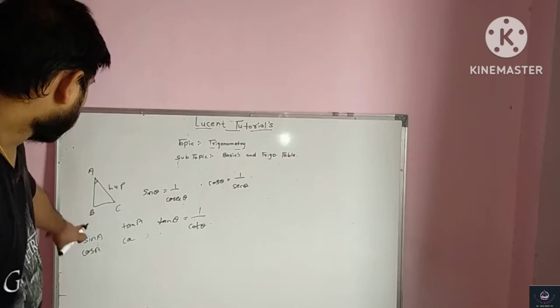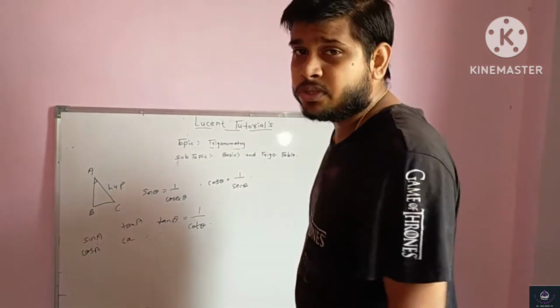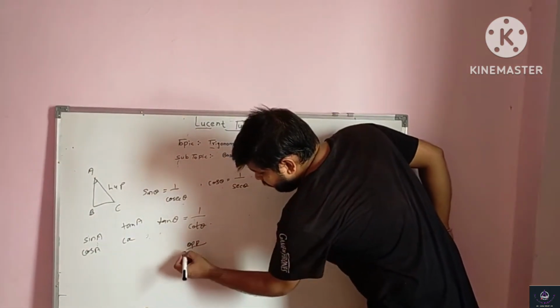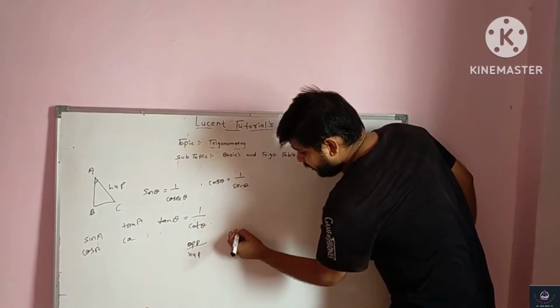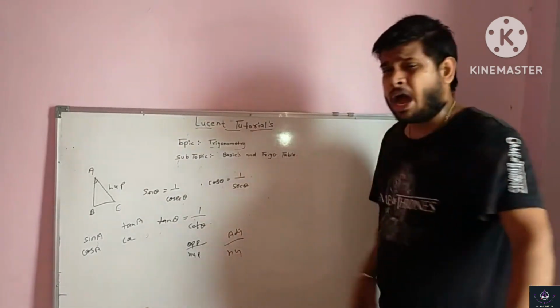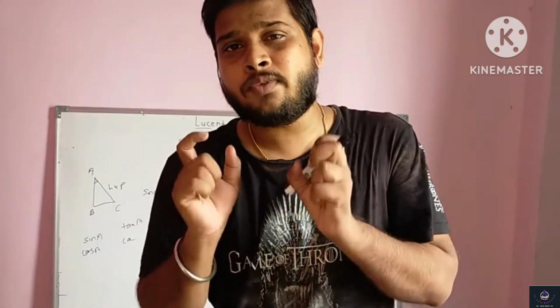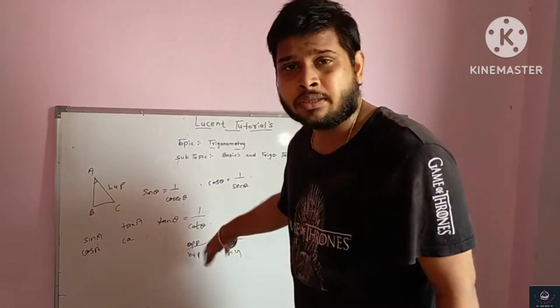So now what is sin A? Everyone knows the formula of sin theta is opposite upon hypotenuse. What is cos theta? Adjacent upon hypotenuse. So how will we learn about that in a triangle? We have a very basic formula due to which we can find all these things.